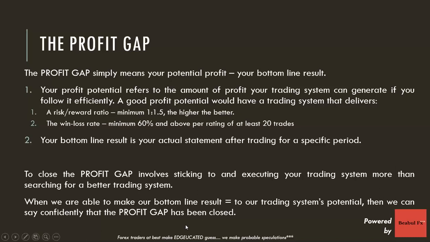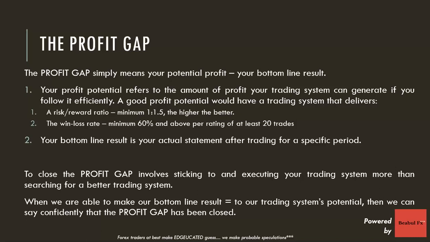Now, your bottom line result is your actual trading statement after trading for a specific period. So when you finish trading, you can review what you were expecting from the market and what your result actually gave you. Now, for you to close this profit gap, it involves you sticking to and executing your trade more than you searching for a better trading system.